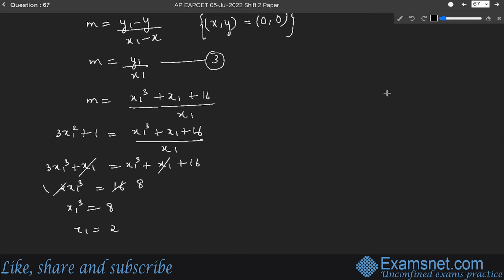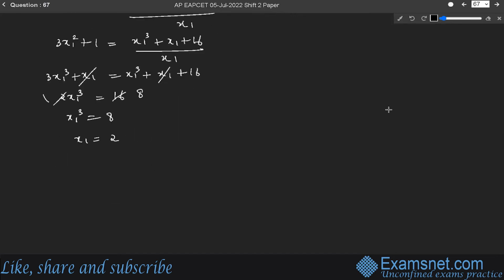Now we have the value for x1, so let us calculate the value for m. From equation number 1, m is equal to 3x1 square plus 1. Putting the value of x1 here, it will be 3 into 2 square plus 1, which is equal to 3 into 4 plus 1, which is 12 plus 1. So m is equal to 13.